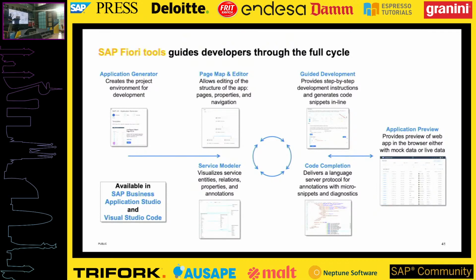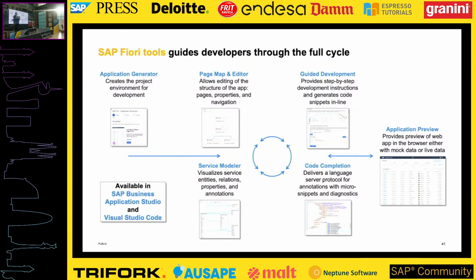All these tools we call SAP Fiori tools to develop Fiori elements or UI5 Freestyle. And most of them are available in Business Application Studio on cloud, as well as in a local Visual Studio Code. Right? There are two exceptions.